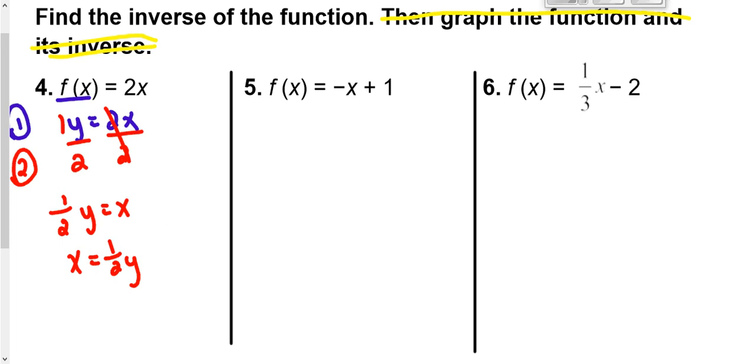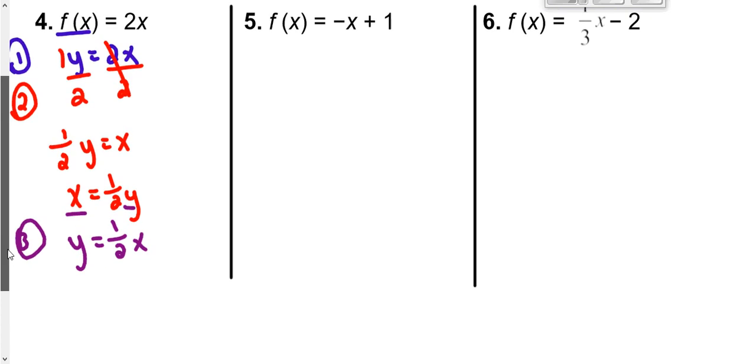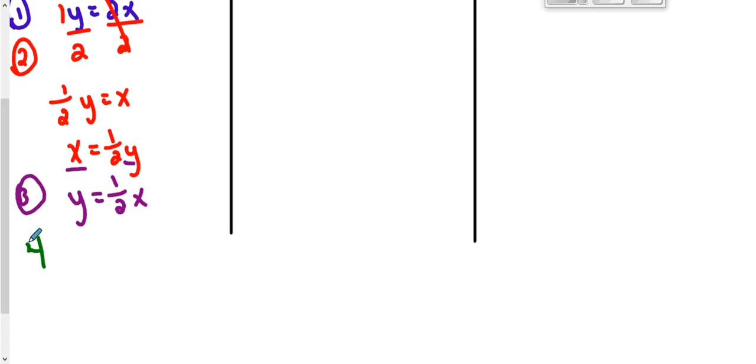Step 3. In step 3, remember that you switch your x and your y. So now they're just going to switch places, and I have y equals 1/2 x. And step 4, change y to f inverse of x.